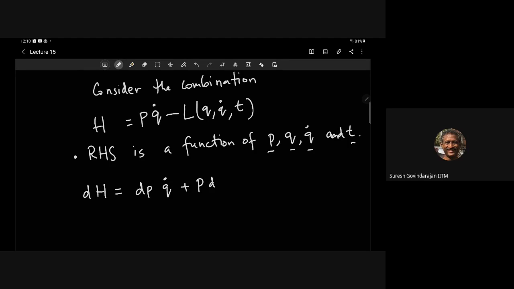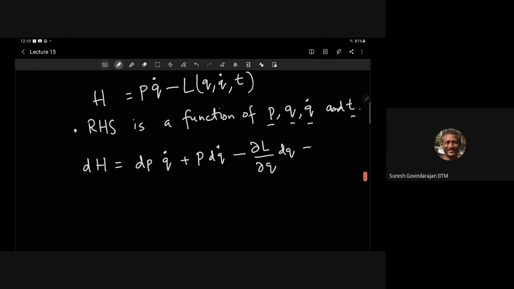Then from here we get minus dL by dq, this is calculus, I'm not doing anything fancy, minus partial derivative of L with respect to q dot times d of q dot, plus then the last one would be minus dL by dt. So this is just a change in 4 variables.